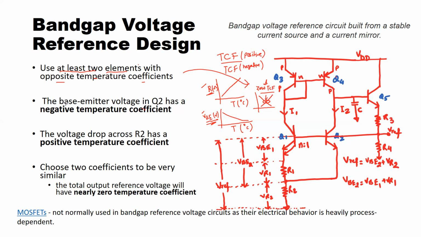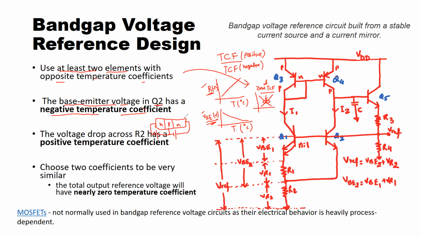What we see here is that the base-emitter voltage in the transistor Q2 has a negative temperature coefficient. I'm going to explain the working of this circuit in a moment. I know that my BJT, whether Q1 or Q2, has PN junctions. For example, in an NPN transistor, this is my forward voltage and this is my reverse voltage, and I'm biasing them in the active region.